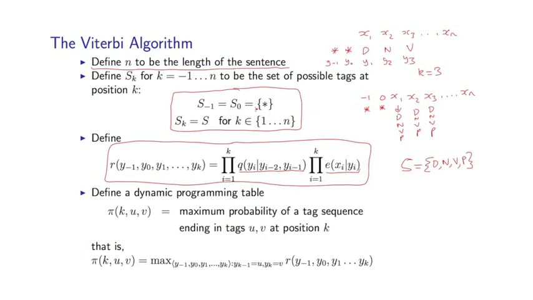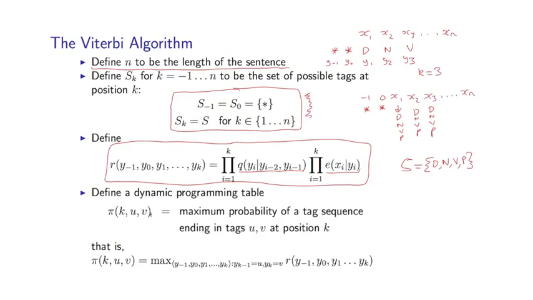And these definitions reflect that. So S minus 1 is equal to S0 is star. So the set of possible symbols or tags at positions minus 1 and 0 are just the star or start symbol. And for any k in 1 to n, S sub k is equal to S. So it's the full set of tags. This notation will just make things cleaner when we give the full definitions.